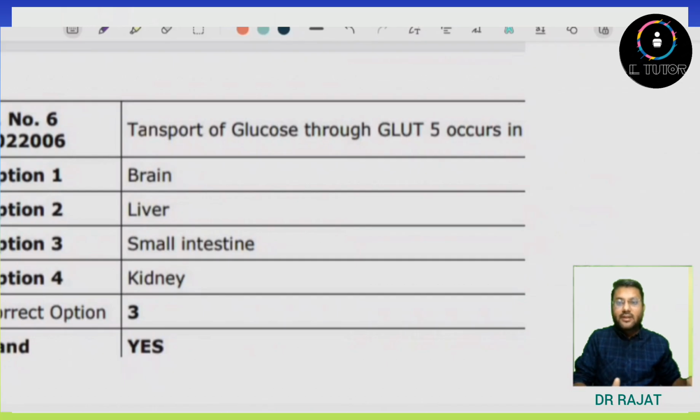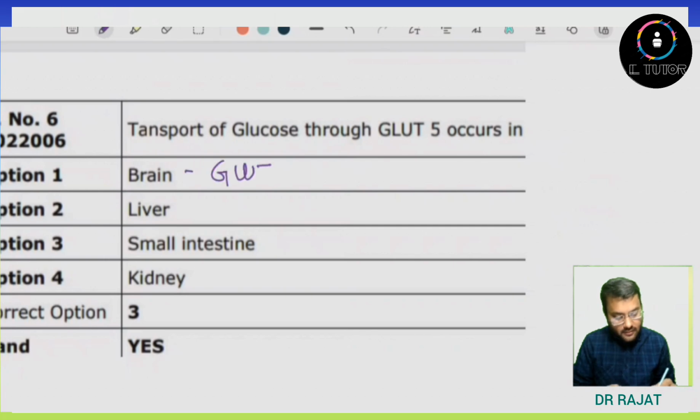So the first question is: transport of glucose through GLUT5 occurs in. If we talk about the different types of GLUTs and SGLT, in the brain GLUT1 is present, in the liver GLUT2 is present.